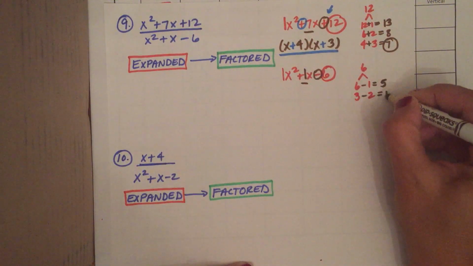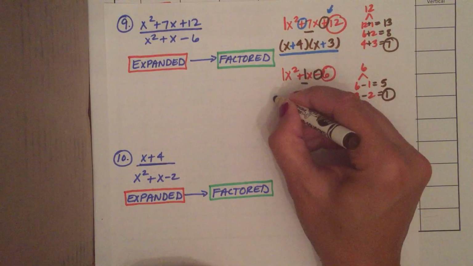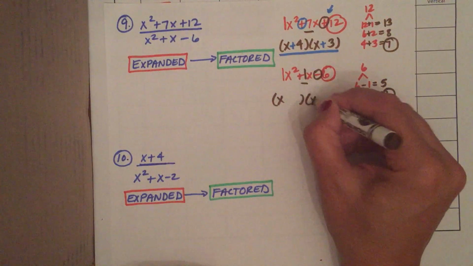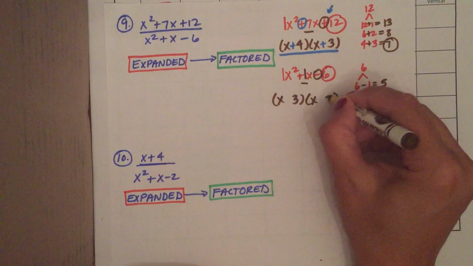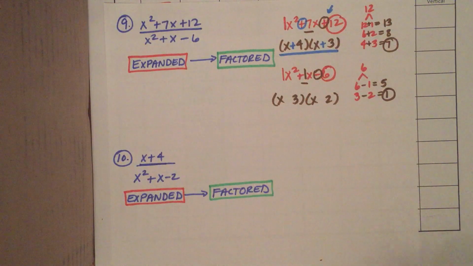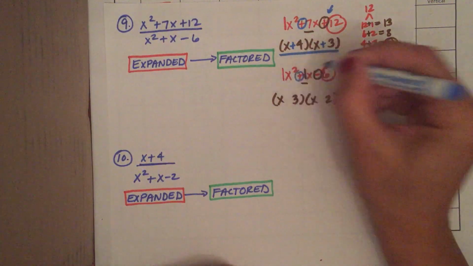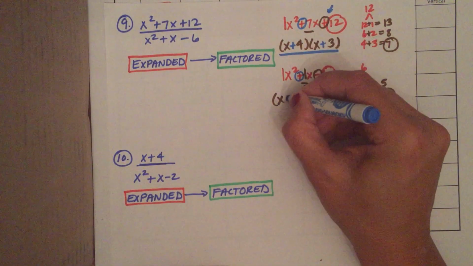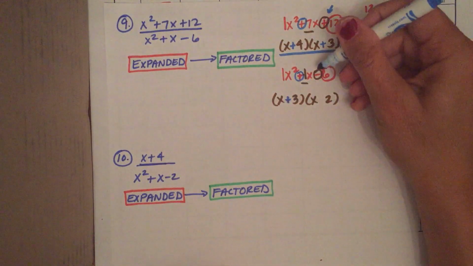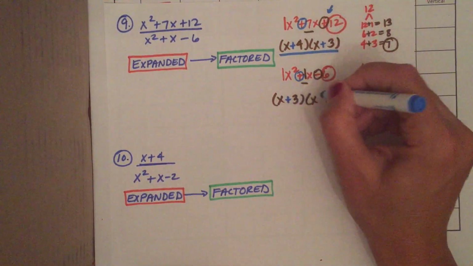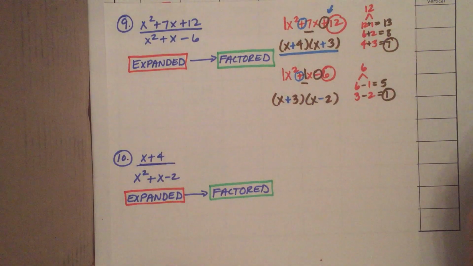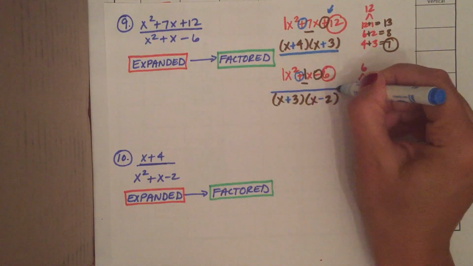This gives me 5. This gives me 1. So 3 and 2 are the values I'm going to use. And now I'm going to look at the value of the B term, which is positive. So that means the largest factor has to be positive. But since I got a negative 6, a negative C term, that means the two values have to be opposite signs.